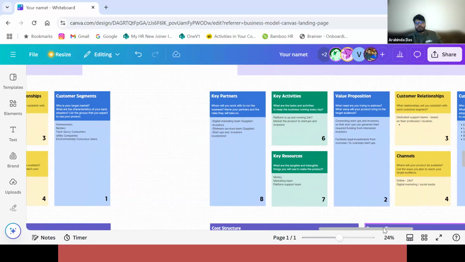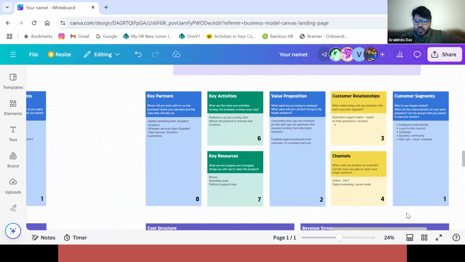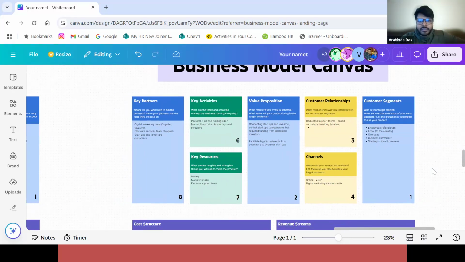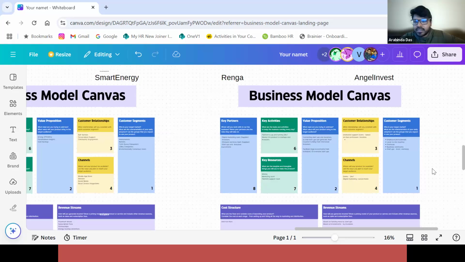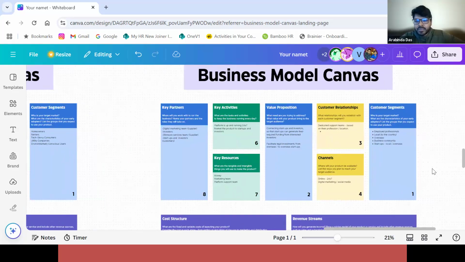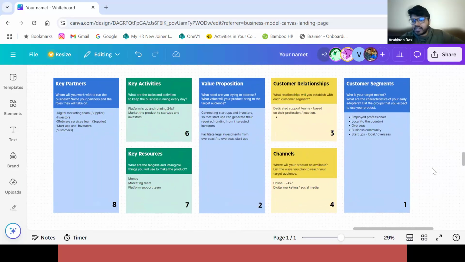If you have some time, let's go to Renga's business model canvas. Customer segments: employed professionals, local and overseas, business community, startups. Relationships through dedicated support teams. Channels: online, 24/7 digital marketing.